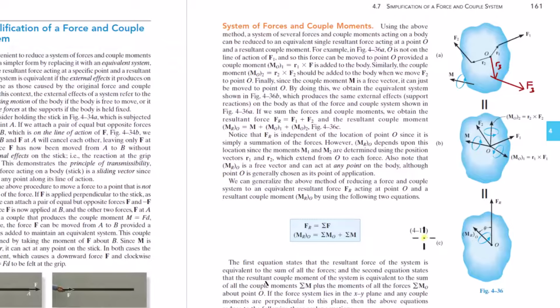So what they're trying to illustrate here is how you can take a system of forces and simplify it down to one force at a point and a couple moment at that same point. You can take any system of forces and convert it into one resultant force and couple moment at a point, and you have an equivalent system, right?